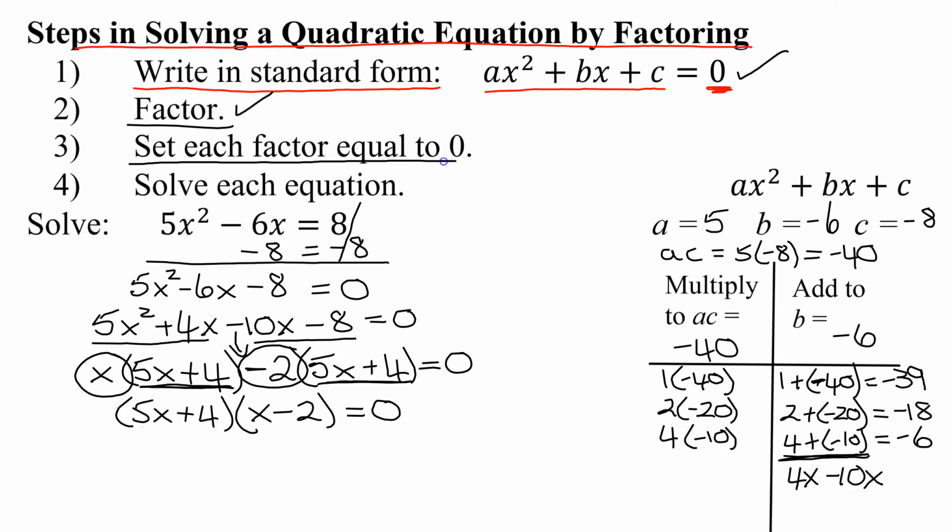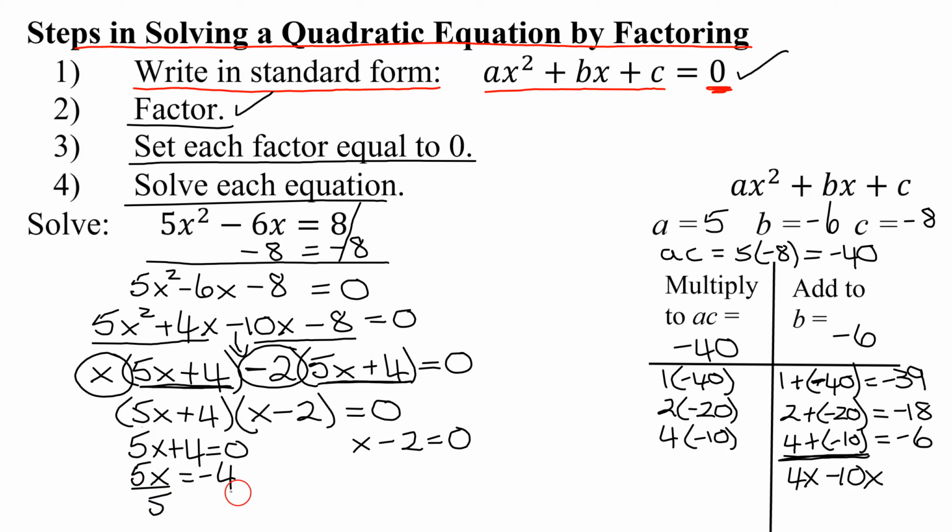Now we need to set each factor equal to 0. So I have 5x plus 4 equals 0, and x minus 2 equals 0. And now solve each equation. On the first one, I'm going to subtract 4 from both sides. So I get 5x equals negative 4.